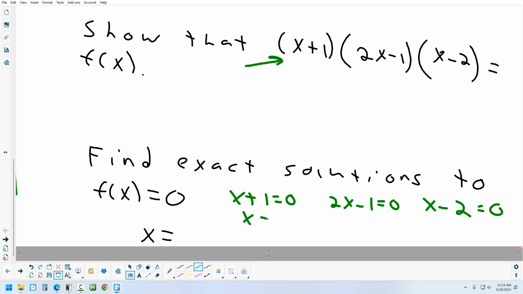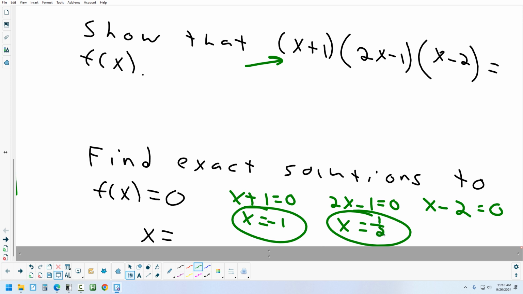If I solve this first one for x, what would I get once x is by itself there? Yep, -1. How about once x is by itself in the middle one? 1/2. Yep. And what about once x is by itself in the last one? 2.